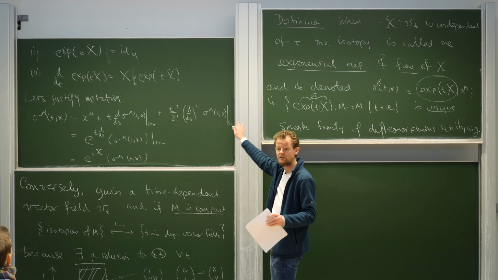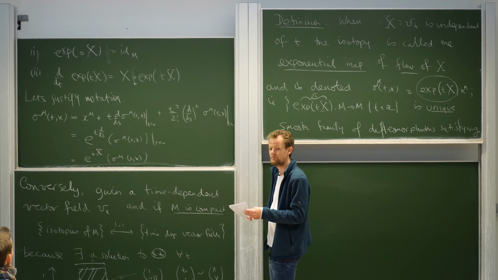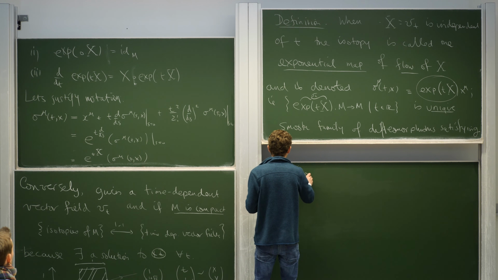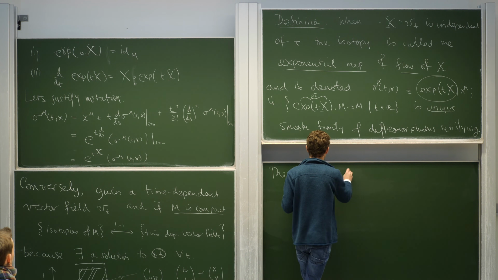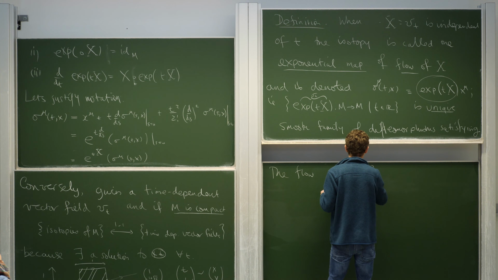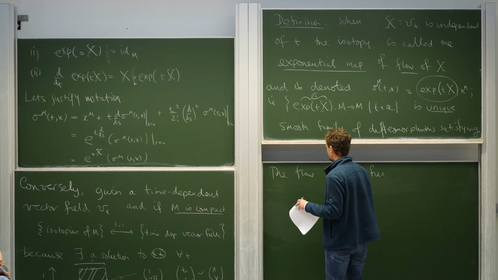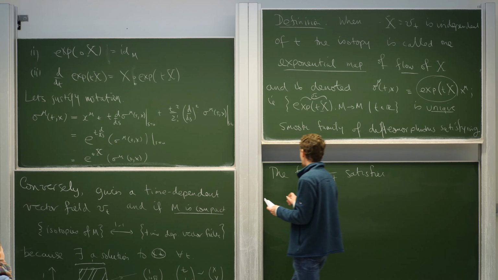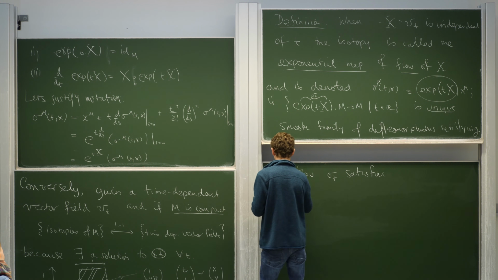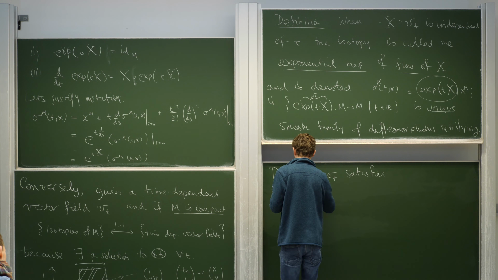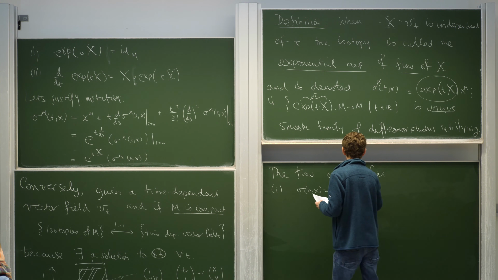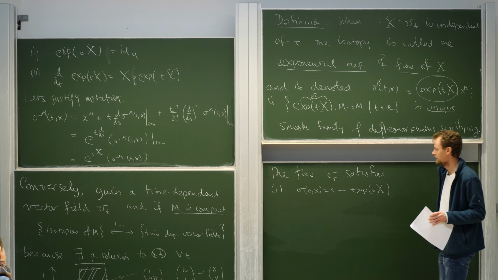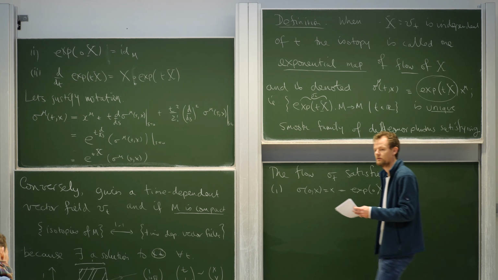Okay, let's summarize all the things we've observed about our flows, and then we can move on to defining some nice operations with flows. So this exponential map flow sigma t satisfies some properties. First is the one we've already seen, the isotopy condition.